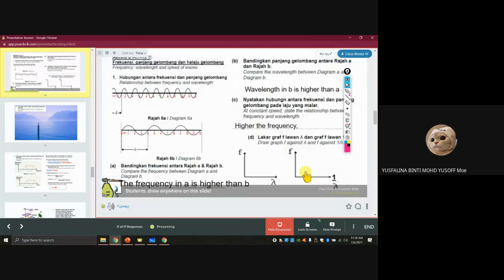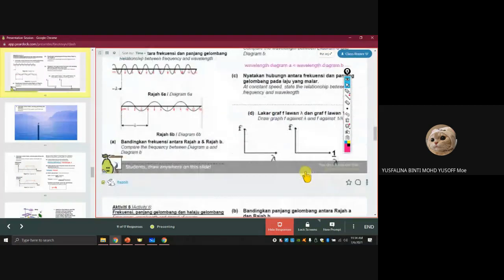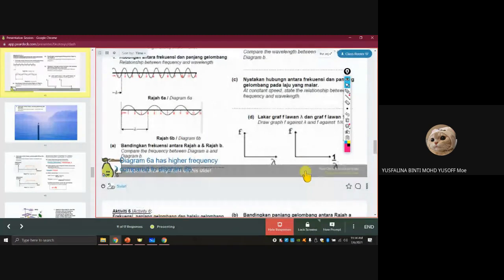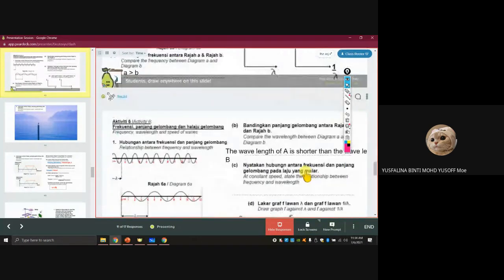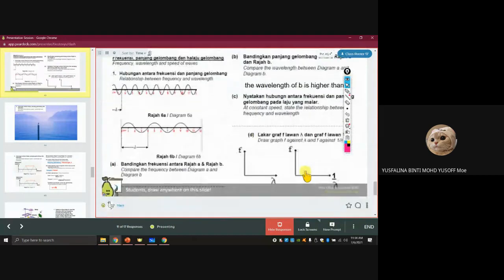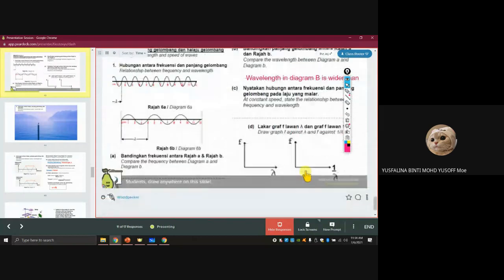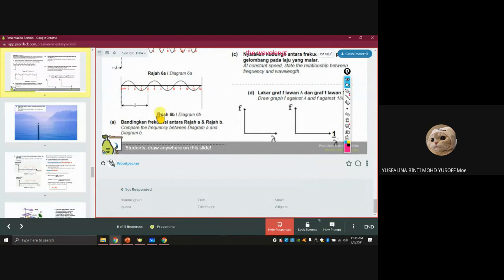Or A is lower than B. The frequency is higher than B. Okay, very good. Diagram A has a higher frequency. Very good. The wavelength of A is shorter. Don't forget to answer the A part.